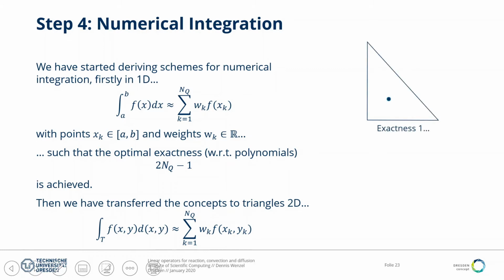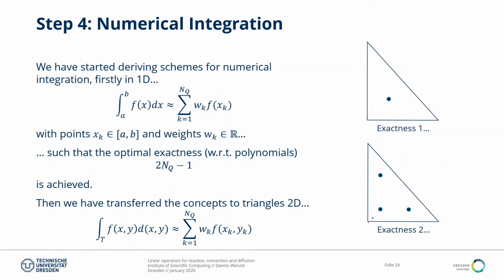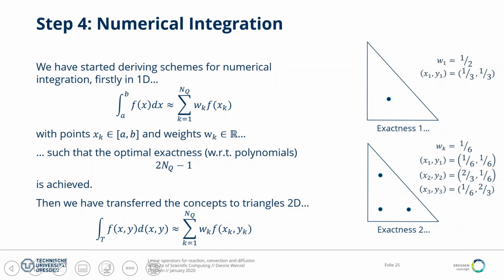And that gave us different formulas, one for exactness 1, that was just an evaluation in the barycenter. And then for exactness 2, we had those 3 points here. They were all on those lines connecting a vertex with an edge midpoint. And then you can compute the actual coordinates of those points and weights.